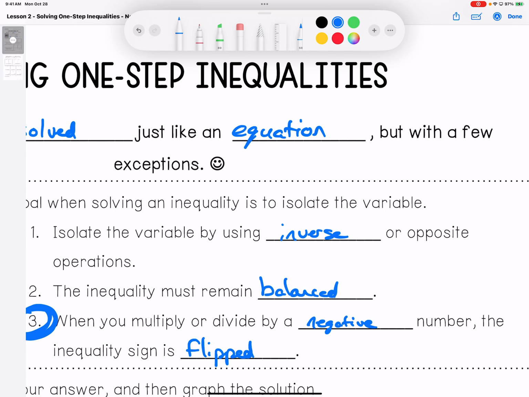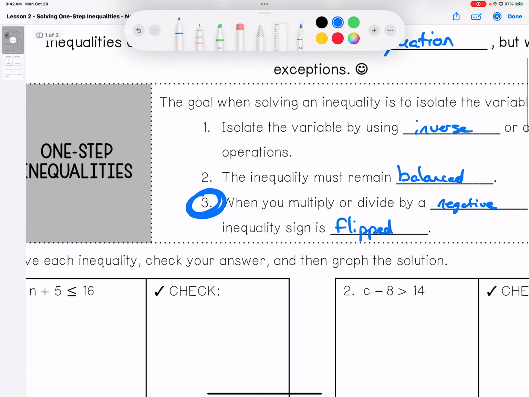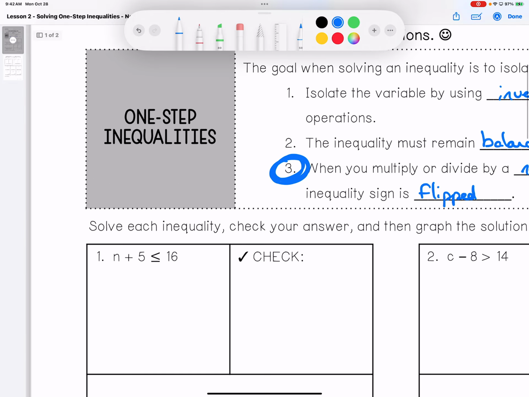Because a negative sign changes it. Think about the number line. If I change 5 to negative 5, it flips the number line. I have to go all the way to the other side of the number line. It's the same thing with the inequality. When you take that negative across to the other side, it flips the whole thing, and you have to change that inequality sign. But you'll see that in just a moment.